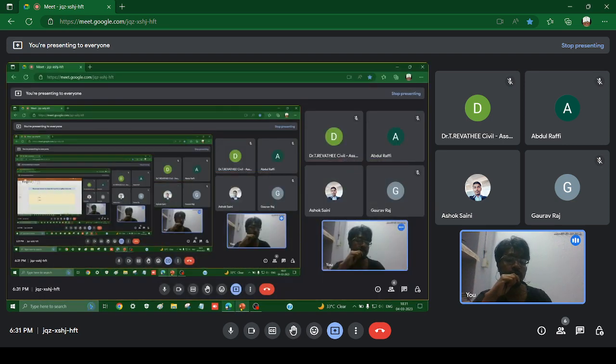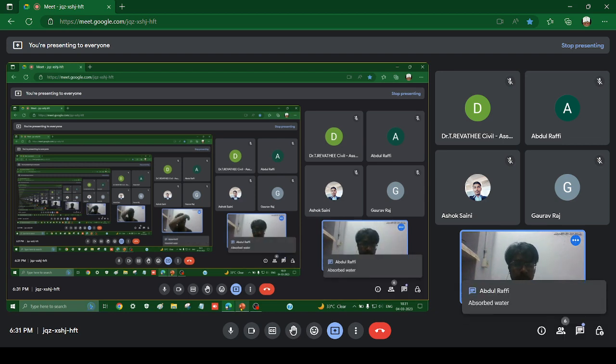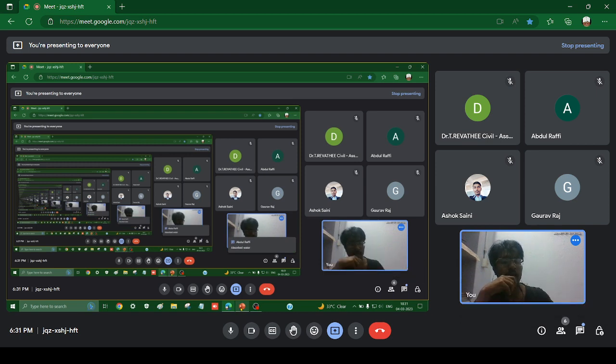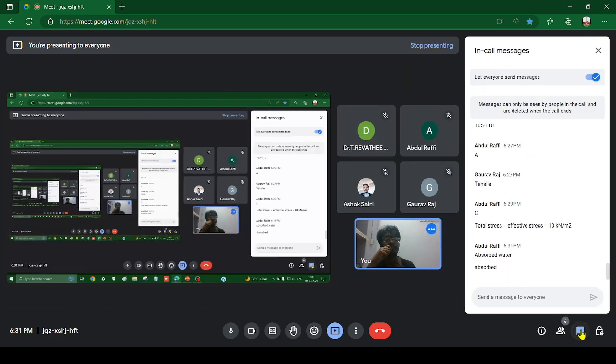Yes, Ashok. What is hygroscopic moisture? Absorbed or adsorbed? You have written absorbed. Is the word absorbed or adsorbed? Absorbed. What is the difference between absorption and adsorption?